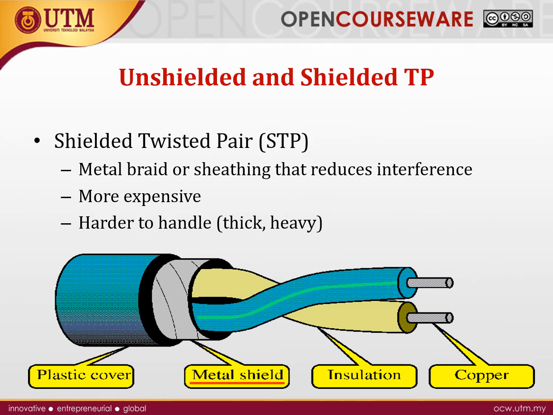As you can see, first there's a plastic cover, and then there's a metal shield under the plastic cover, and then we have the insulation, and then the copper which is going to conduct or transfer the data.